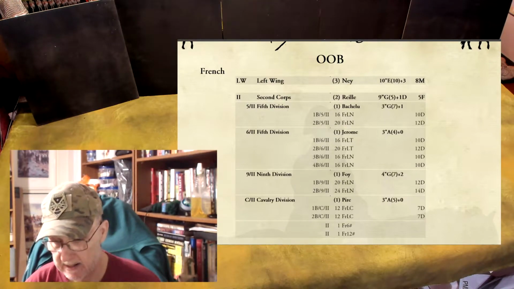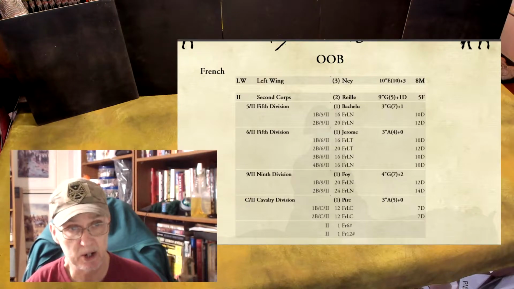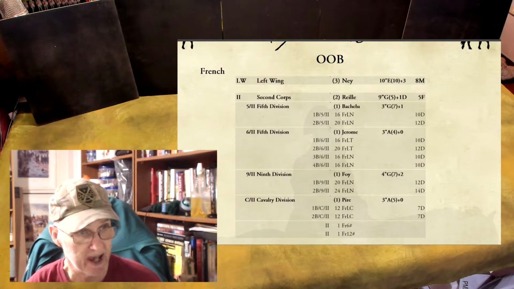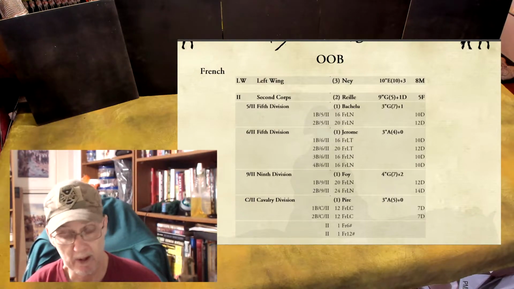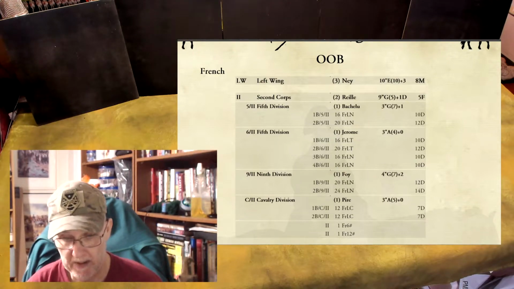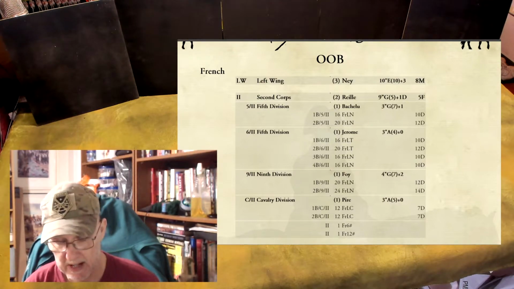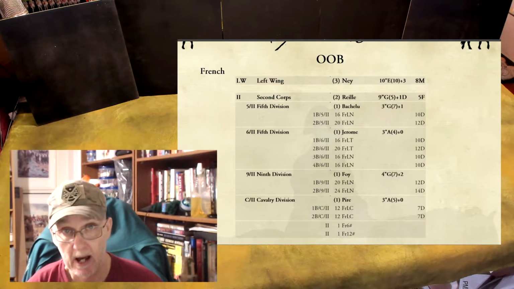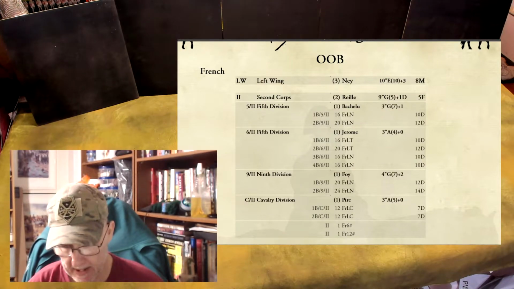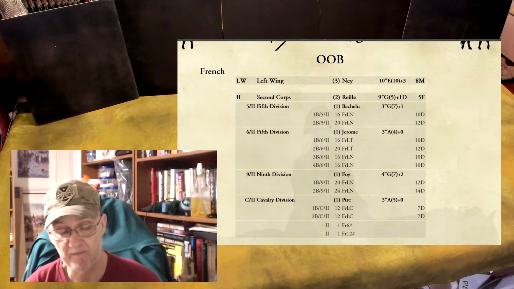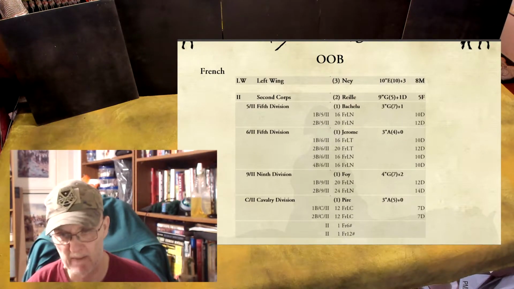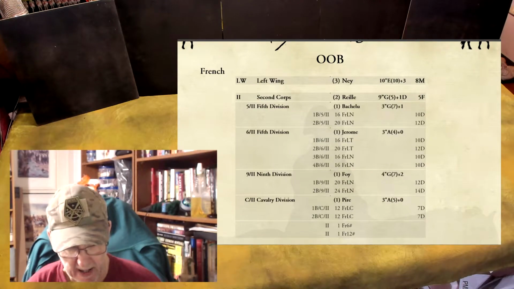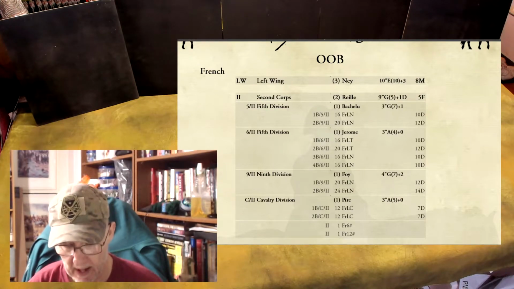He does not necessarily have to be deployed on the table. There can be a point on the table edge designated as Ney's headquarters. Wellington might also have that, or Napoleon might also have that, but I'm not going to do that.